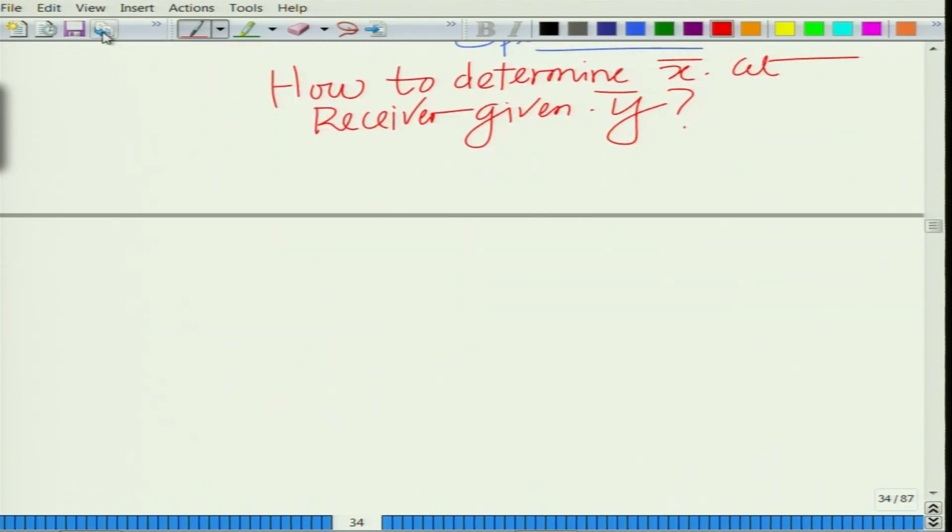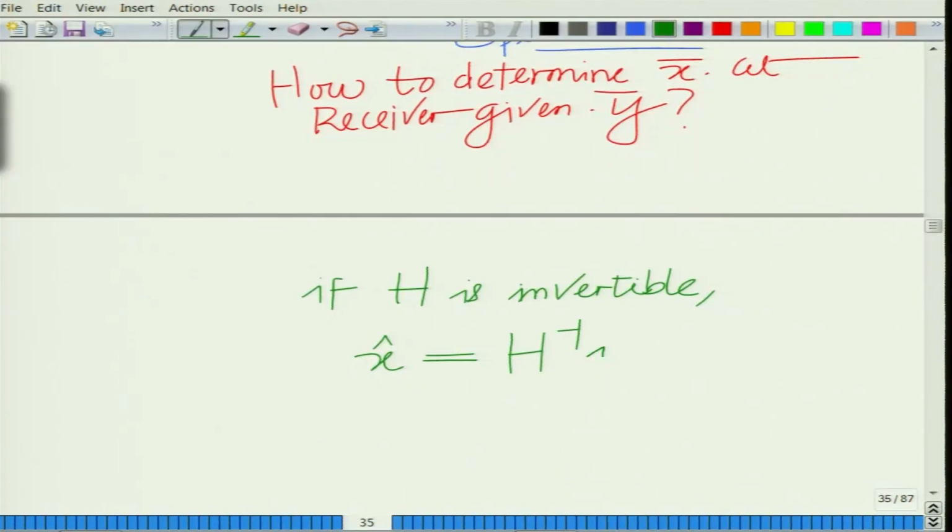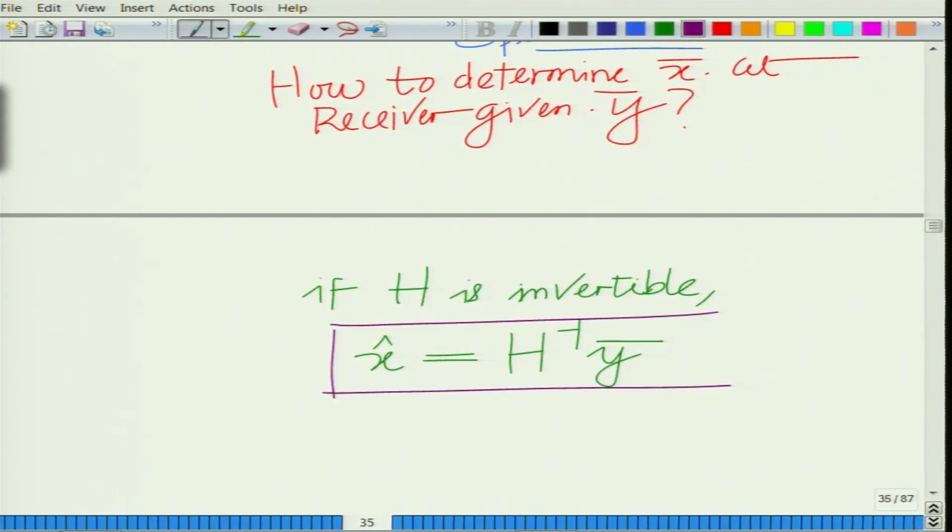For this case where R equal to T, if H is invertible, then x hat, which is what we term as the estimate of the transmit vector at the receiver, that is the recovered transmit vector based on the observed symbols y bar, is given simply as H inverse y bar.